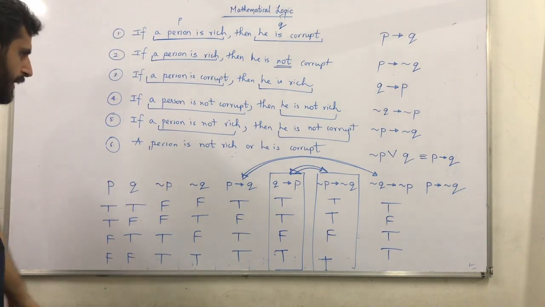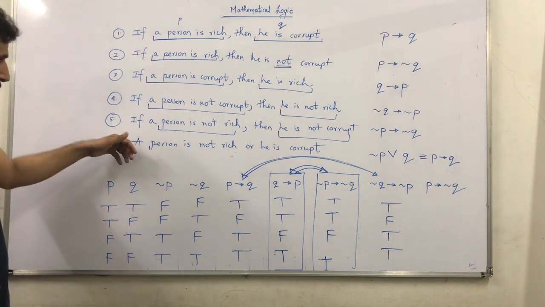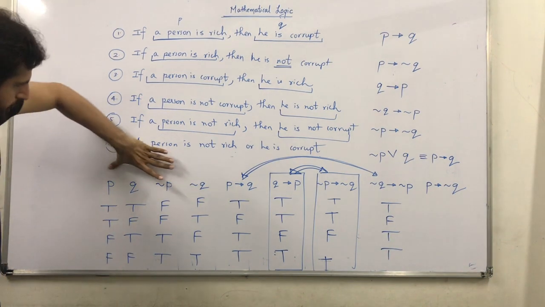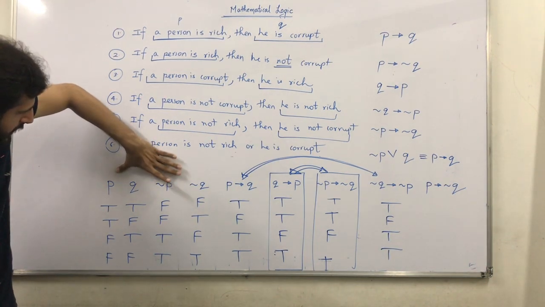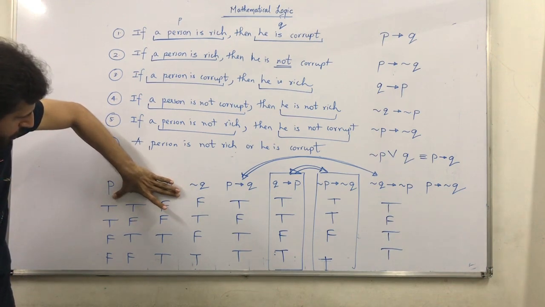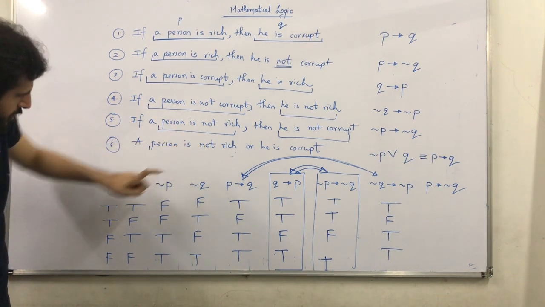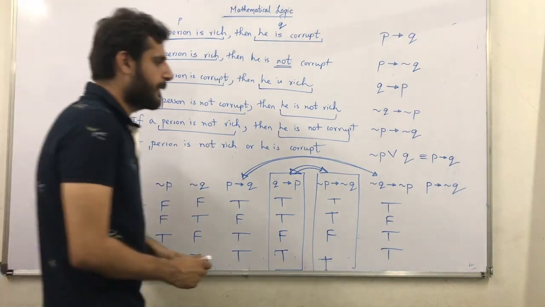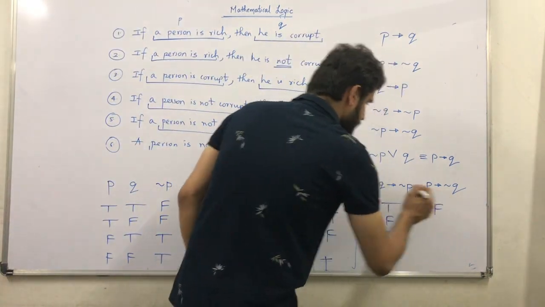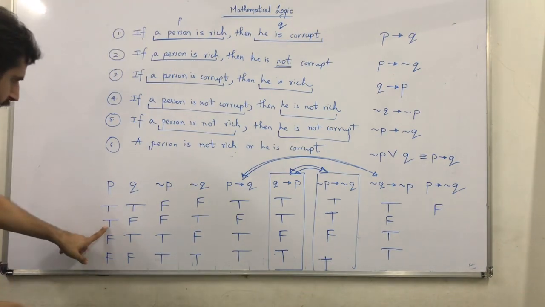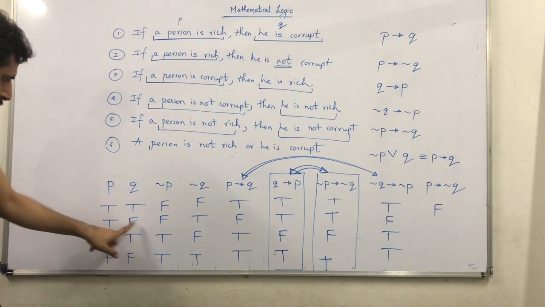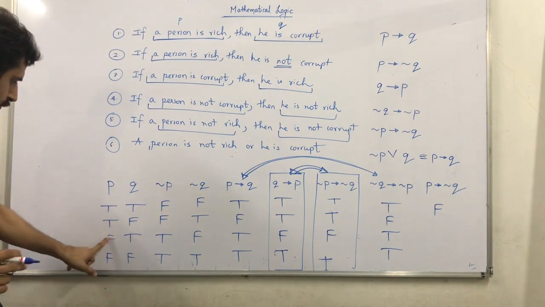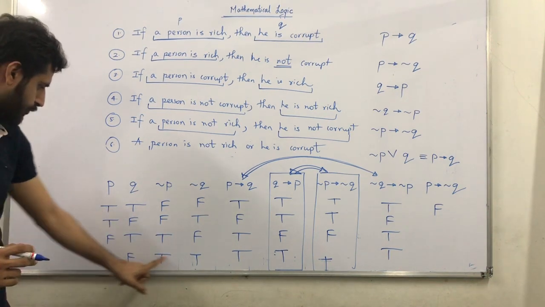This is just additional. We can check whether it is becoming equal to any of these statements or not. So let us take P implies negation Q. True implies false is false. Then true implies true is true. False implies anything will be true.